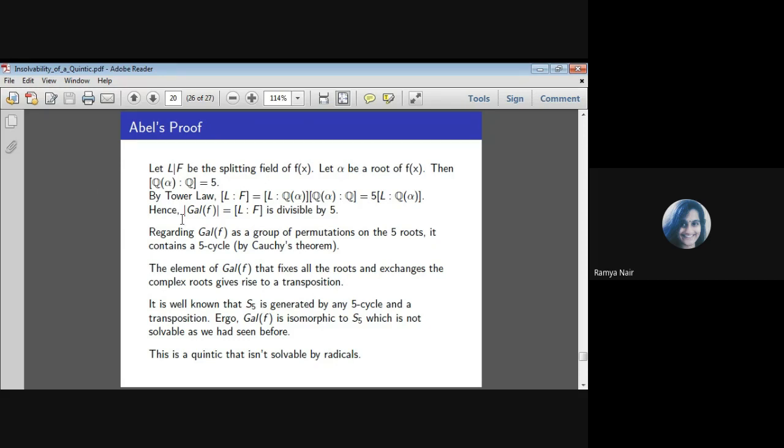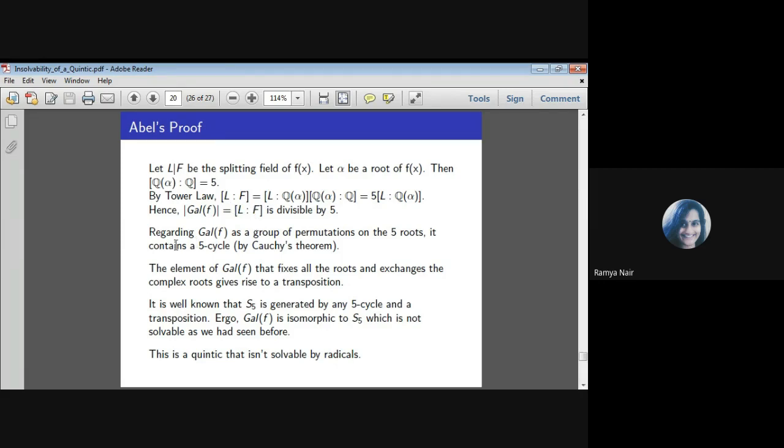Now we apply the Tower law. The dimension of L over F equals the product of these two. So the dimension of L over F is divisible by 5. And we saw in that theorem that the cardinality of the Galois group is equal to this dimension.